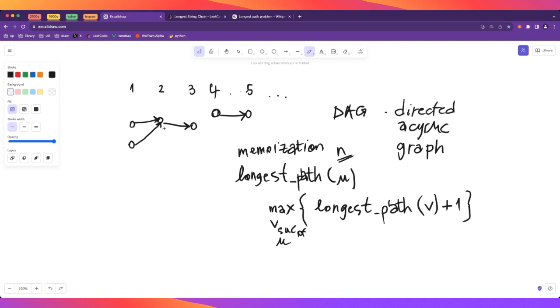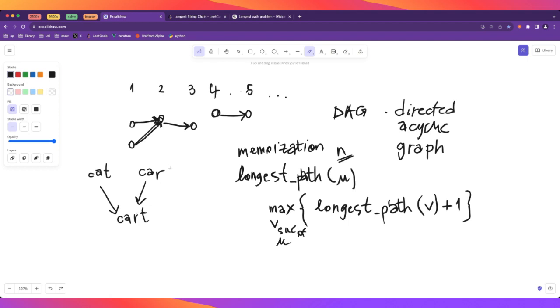A graph without cycles can be a tree, except when it has edges that go to the same node. And that could happen because if you have, for example, the word cat and the word car, they could both have the word cat as a successor, right?